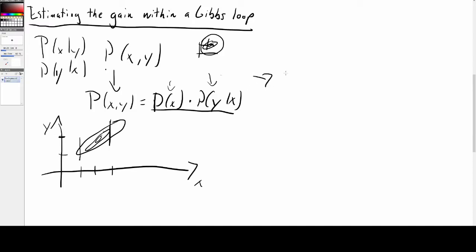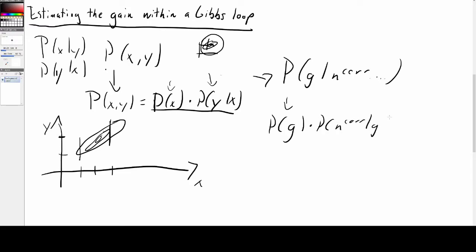Turning this back into our original problem, this means that instead of sampling G given n_corr and everything, what we want to do is sample P of G and then sample P of n_corr given G and everything else.